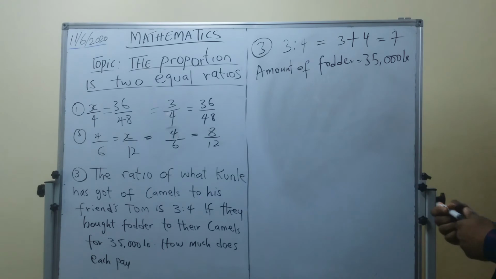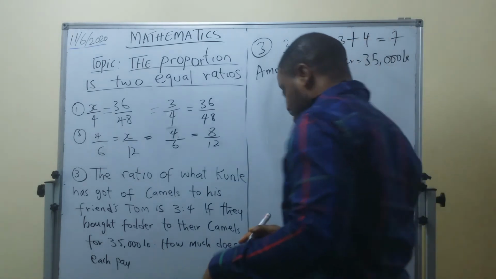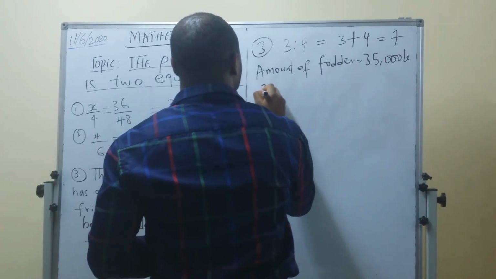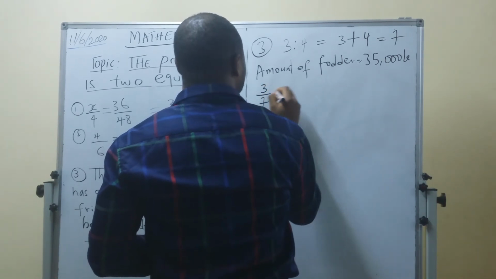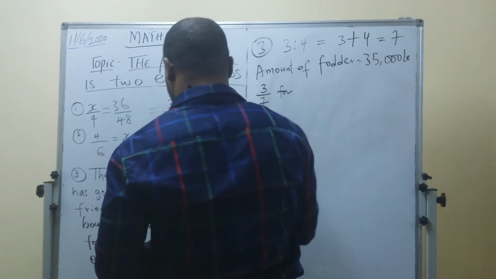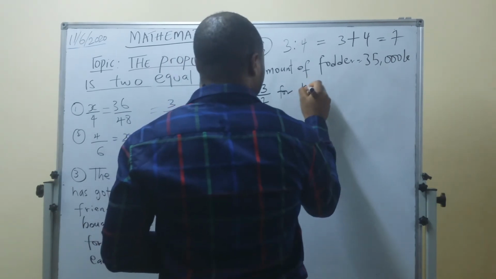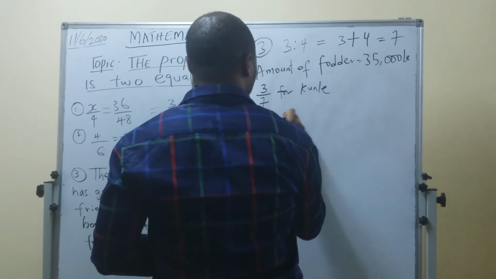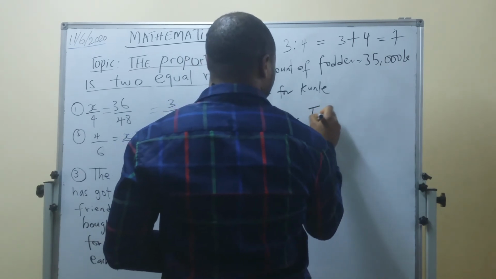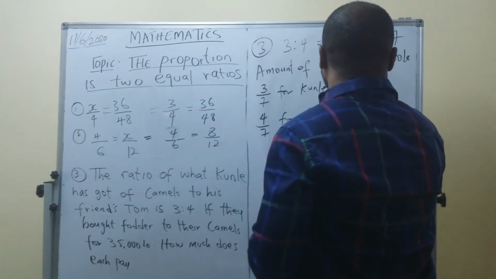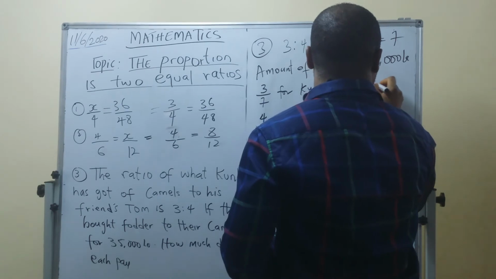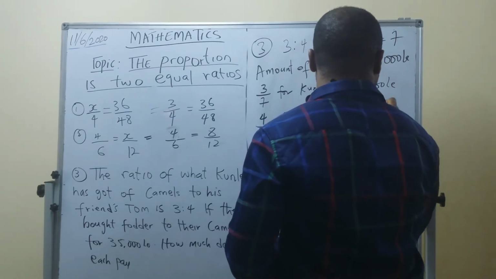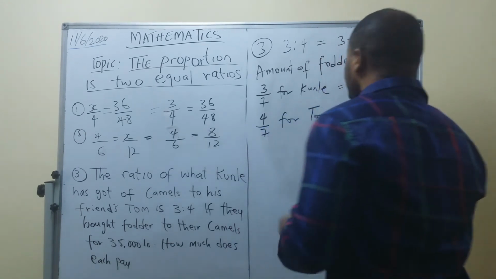For me to create their fractions, I will use the total ratio as the denominator: 3 divided by 7 for Kunle, and 4 divided by 7 for Tom, of 35,000 LE.